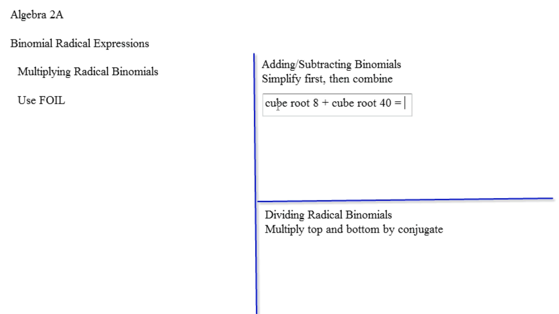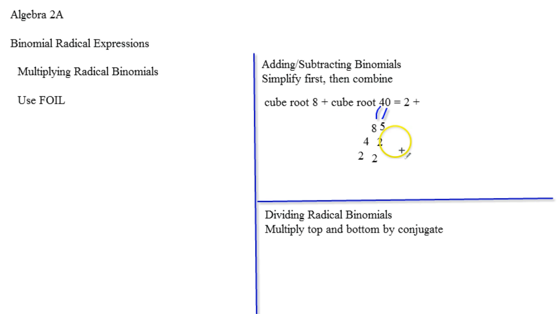First off I simplify. Cube root of 8 would be 2. And then the cube root of 40, I would actually need to figure out which numbers go into 40. So I know 8 and 5 do, and I also know that 4 and 2 go into 8, and then also 2 and 2 go into 8 as well.